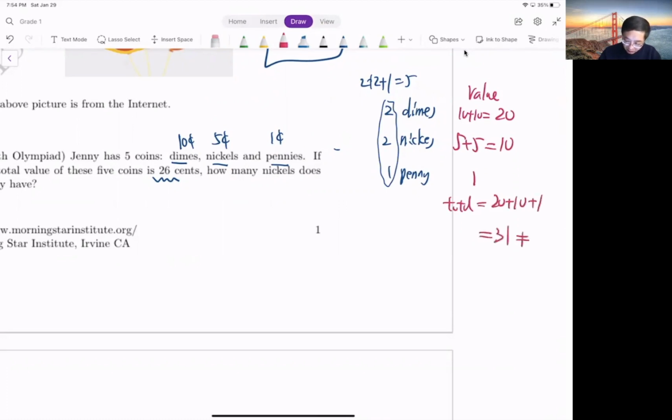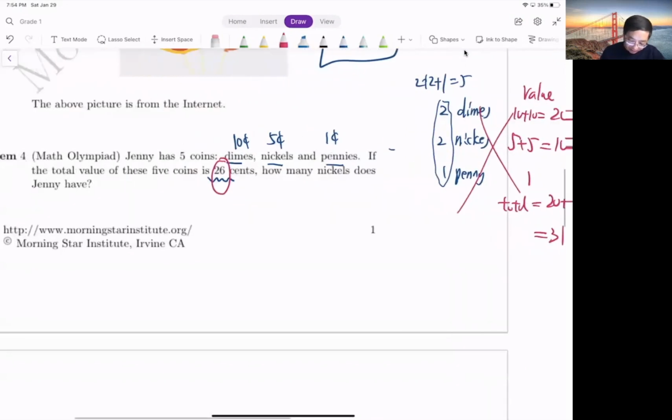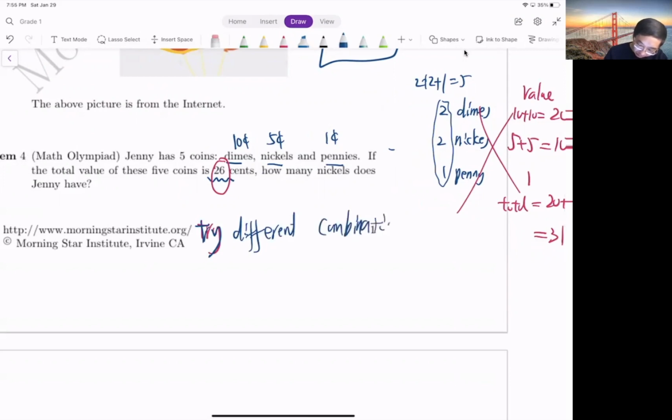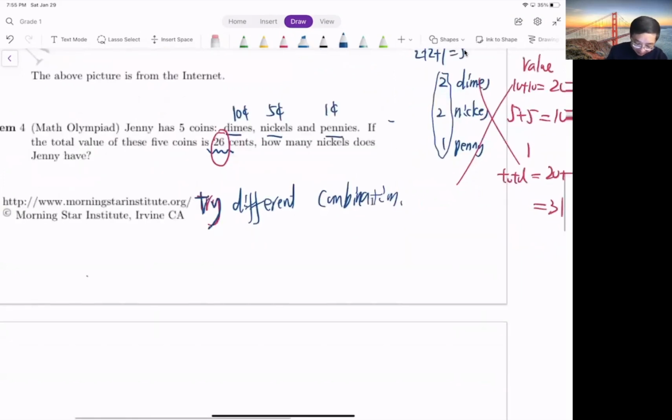But 31 is not equivalent to 26. So this combination does not work. And then you can try other combinations, right? Try different combinations. Use your intuition or whatever, and then you'll find the right one.